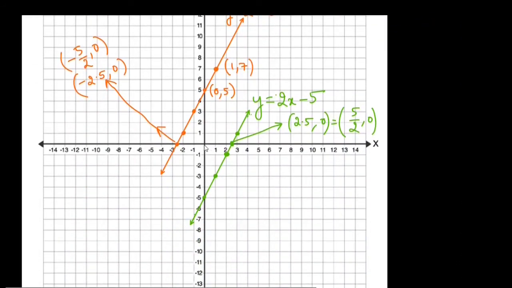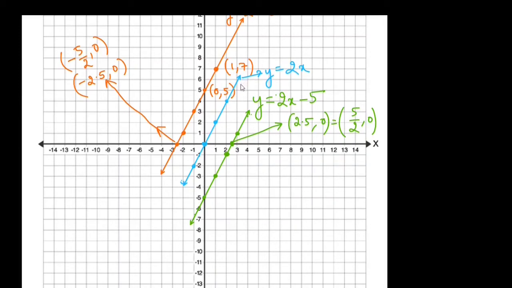This is 0, 0 here, 1, 2, 2, 4, minus 1, minus 2. These are the 4 points we have taken. Now let us draw the straight line joining these points. This blue line is y is equal to 2x.